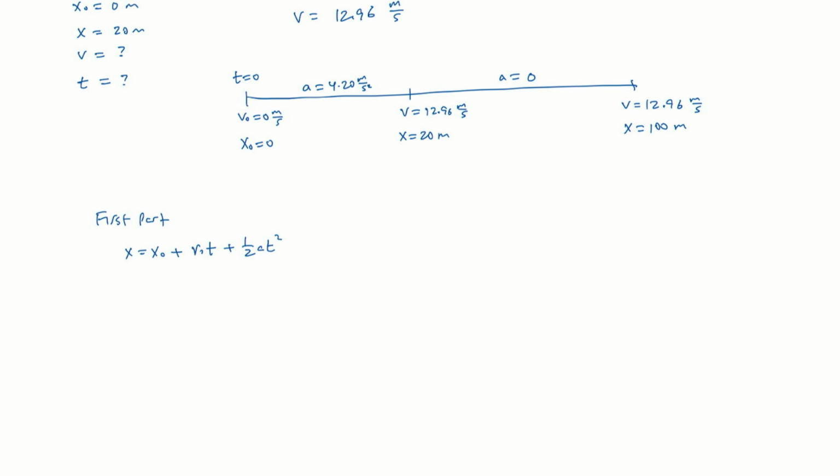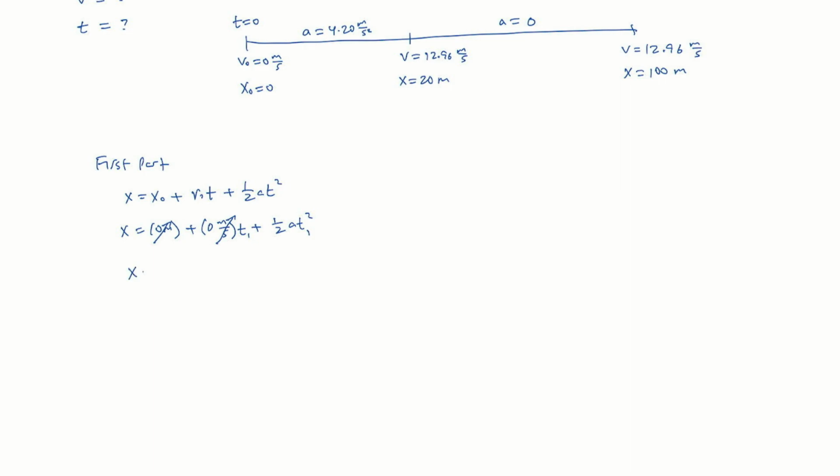He starts from rest, so x naught is 0 meters, and he starts with 0 initial velocity. We'll just tack on subscript 1s. This term is gone and this term is gone because we have 0, and then we have 0 times the time. So we have x is 1/2 a t1 squared.